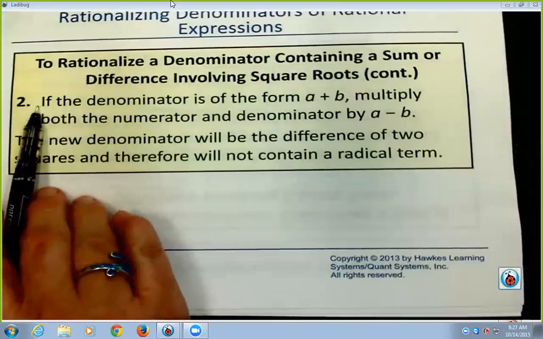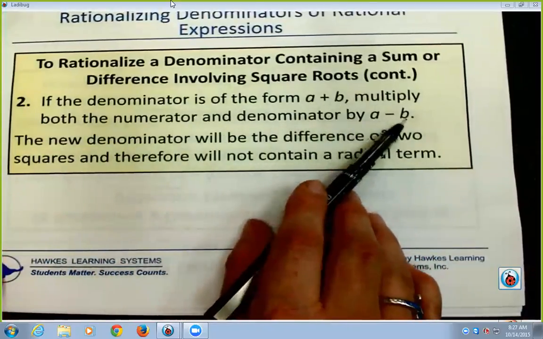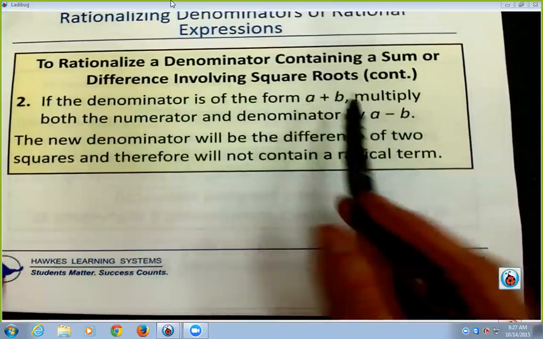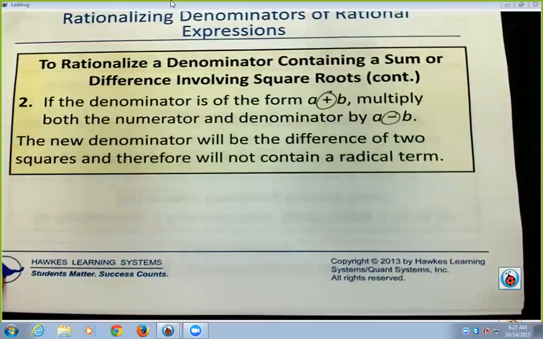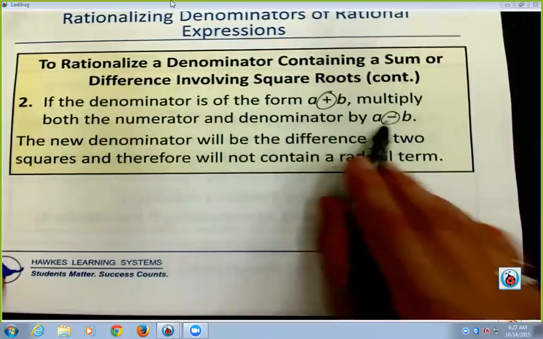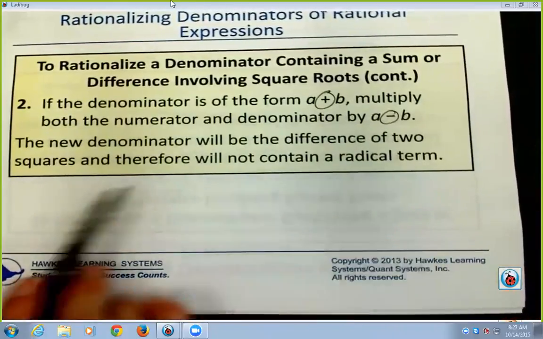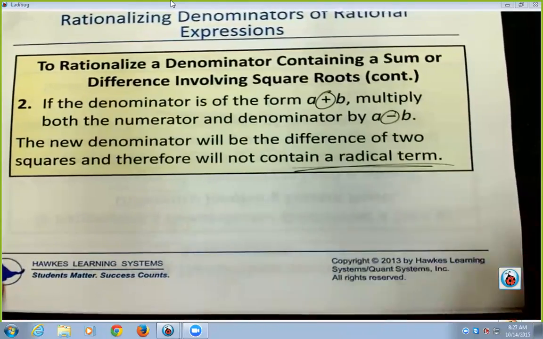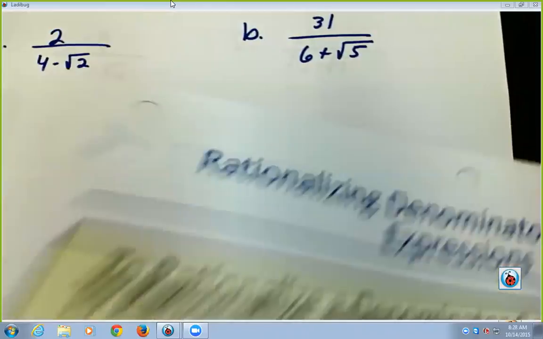In continuation, if the denominator is of the form a plus b, we're going to multiply it by a minus b. If this is a plus, the opposite one is going to be a subtraction. If it's a subtraction, the opposite is going to be a plus. The new denominator will be the difference of the two squares, and therefore contain no radical terms. So we're going to get rid of all those radical pieces.